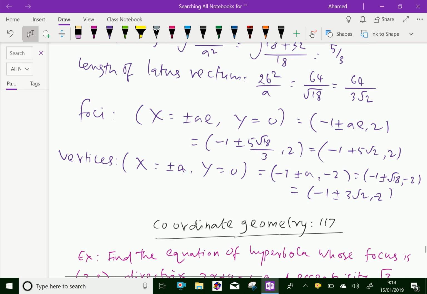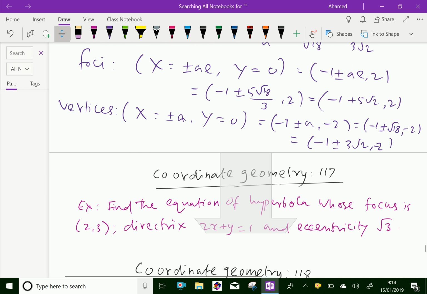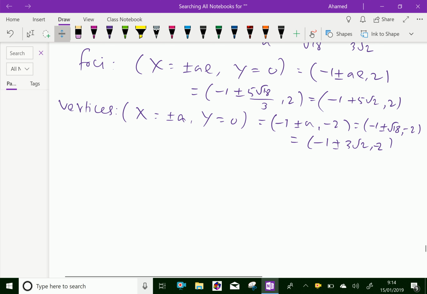Next one, directrix. Directrix: X equal plus or minus a over e.